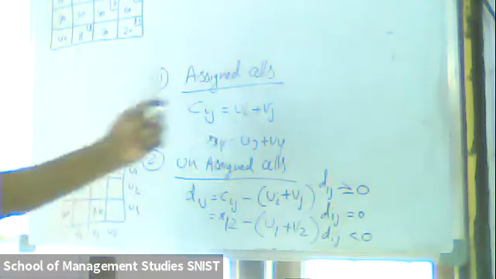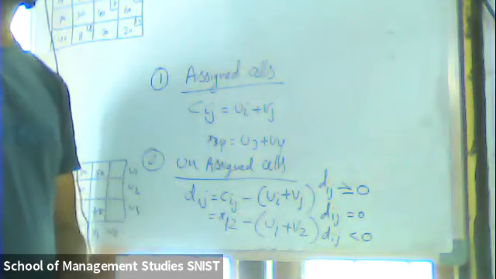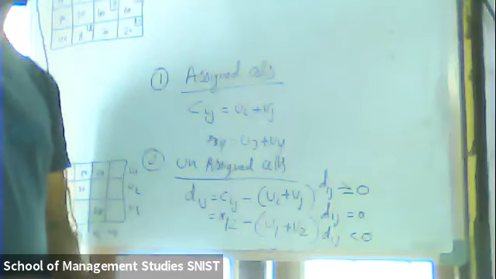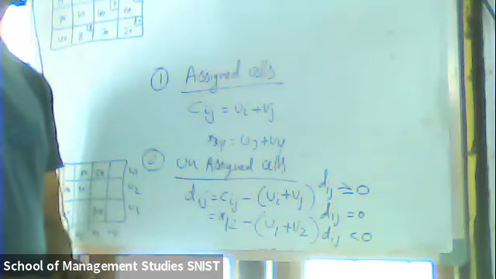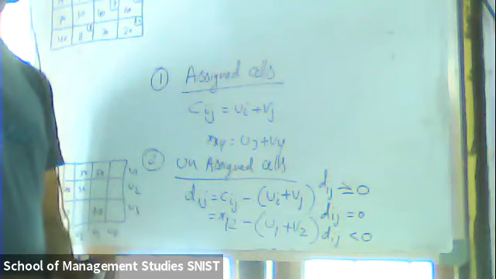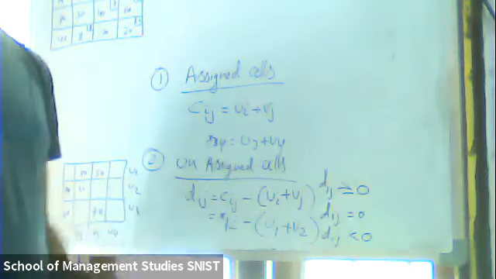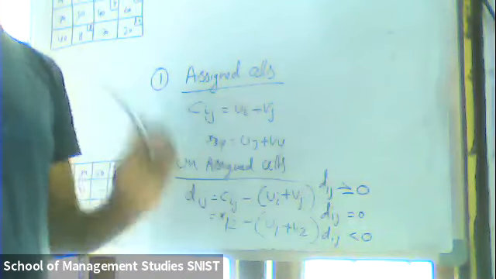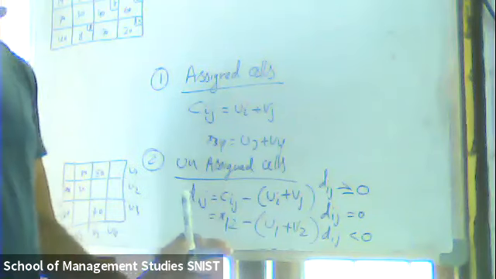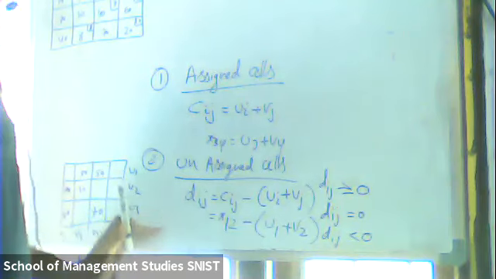Any doubts up to here? If you have any doubts, please ask me. No, sir. Now suppose we did not get positive values, then there is a next procedure. If you get all Dij values greater than or equal to 0, then we stop this procedure, and this problem is optimal.